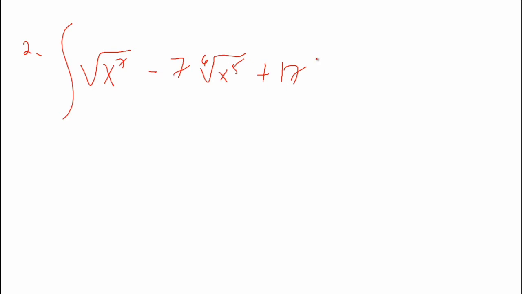Now let's go to our second example. We're asked to get the integral of these functions: the square root of x raised to 7, minus 7 times the sixth root of x to the fifth, plus 17 times the cube root of x to the 10th power, dx.